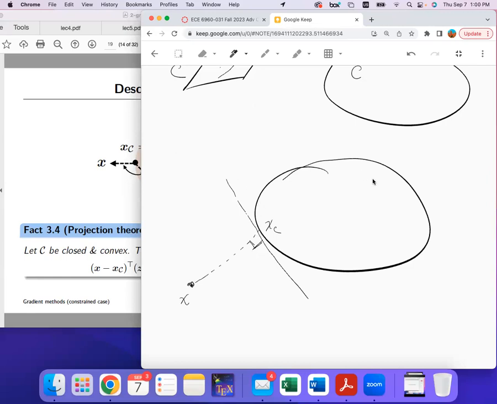But this is a convex set, so all the points are on the right-hand side.